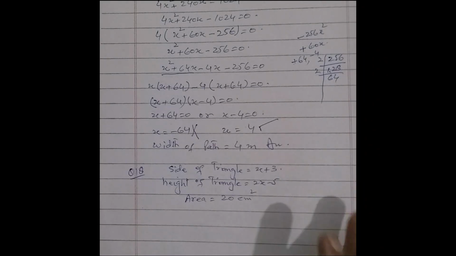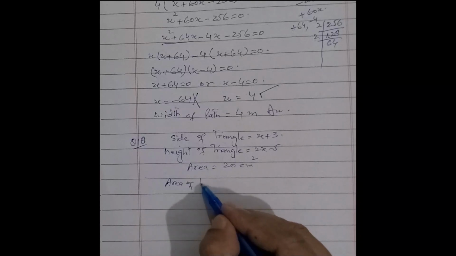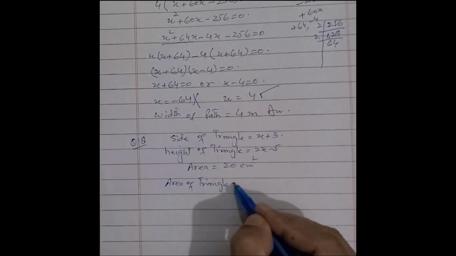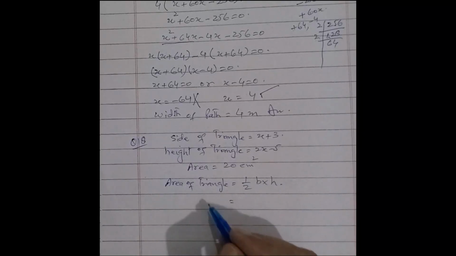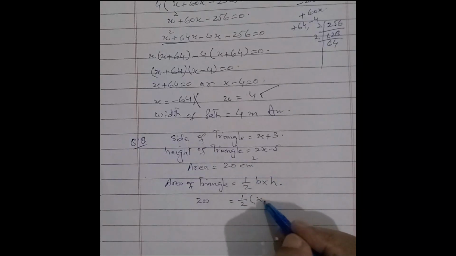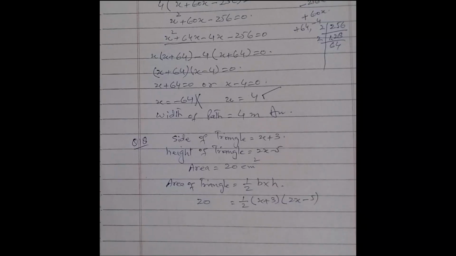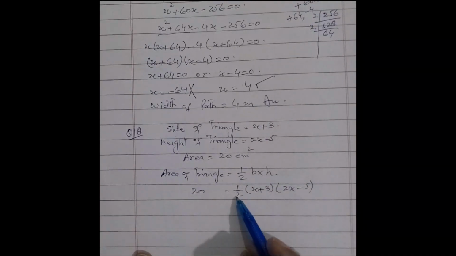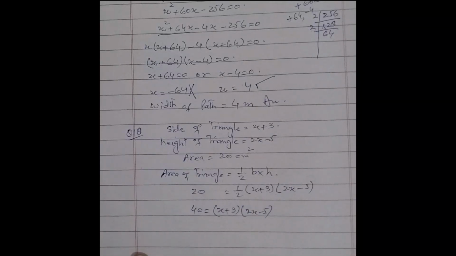And we know that area of triangle is equal to 1/2 base into height. The area is 20, 1/2, the base is x plus 3 and height is 2x minus 5. First we multiply 2 on the right side, it is 40 is equal to x plus 3 into 2x minus 5.